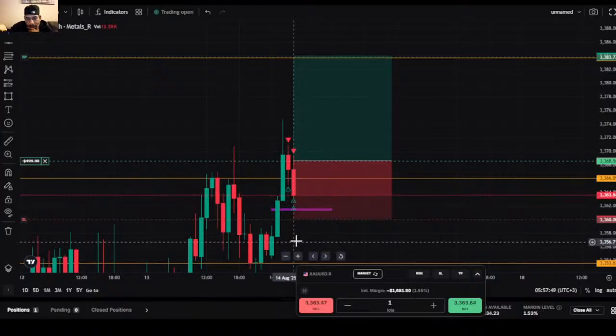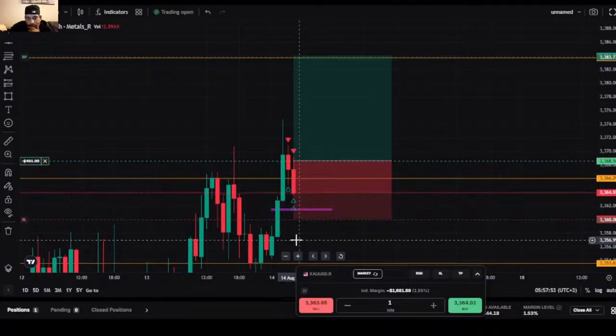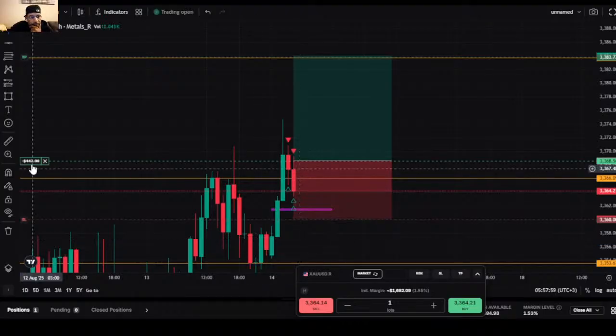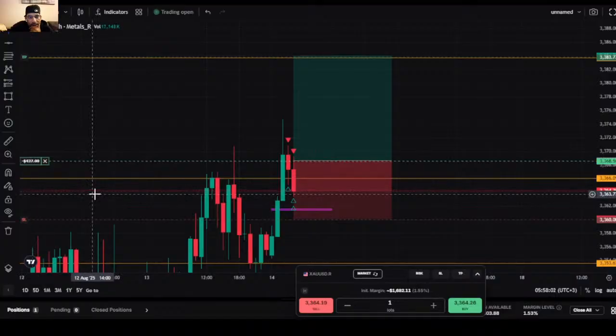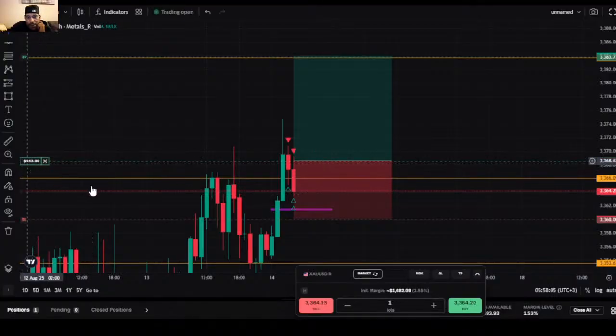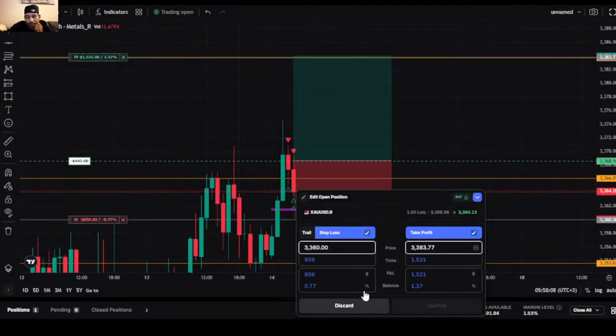Stop. We got 7. Yeah, I'm gonna adjust this, because I'm looking to take a pineapple entry here. So I'm gonna adjust the stop loss to an extra 30 pips for myself.